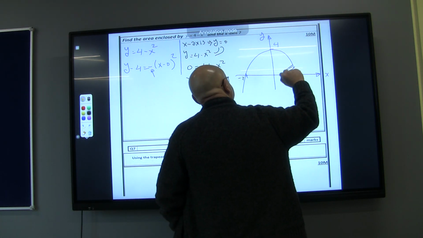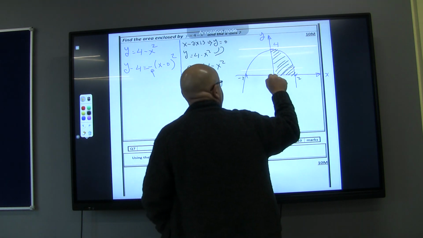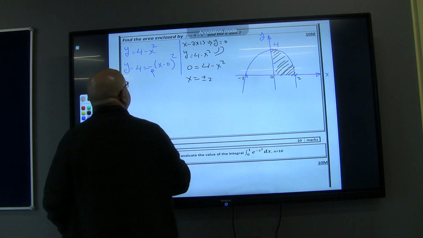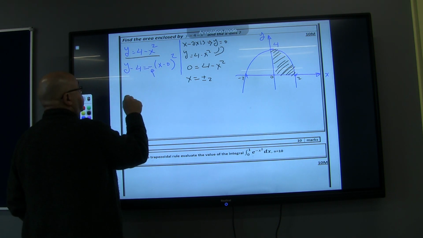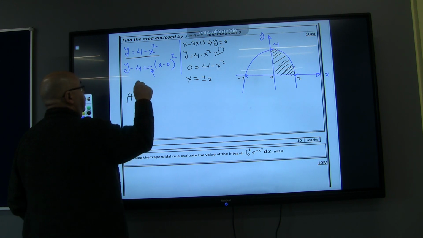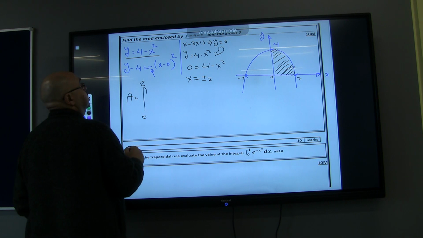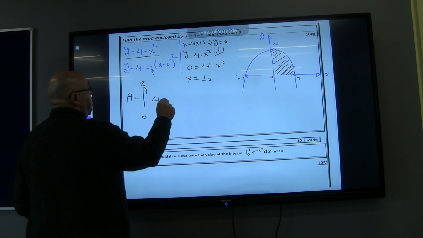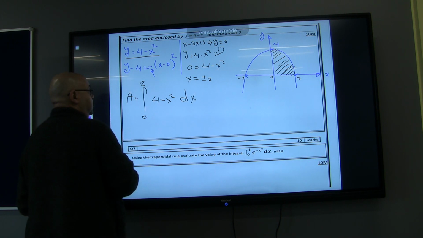If I need to get the area under the curve and the x-axis, I can integrate. As you can see, this is an even function, so simply the area will be integrating from 0 up to 2 for the function 4 minus x squared, with respect to x.